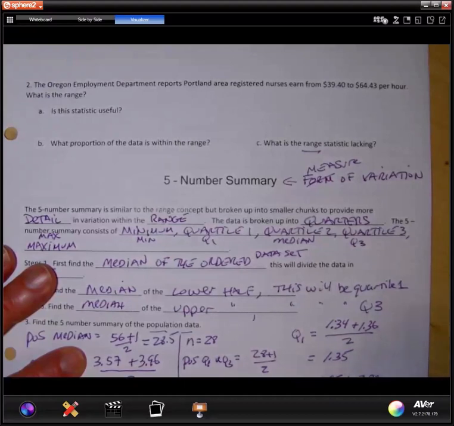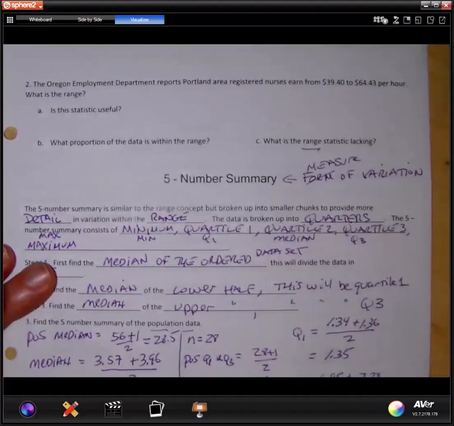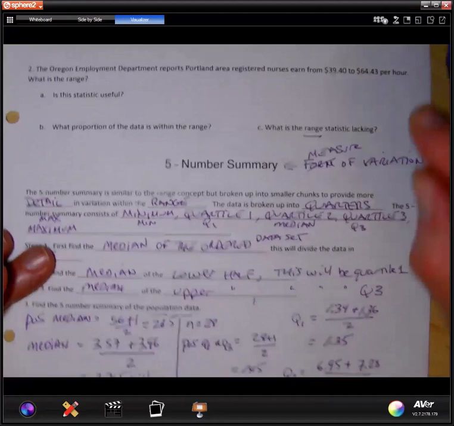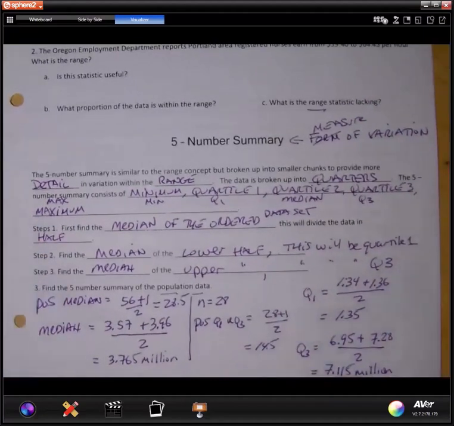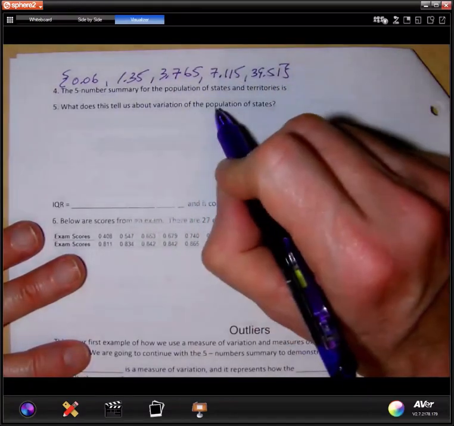Divide those by 2. And what do I get? 7.115 million. So I have found quartile 1, the median, quartile 3, the minimum and the maximum are pretty self-explanatory. So I'm going to turn the page and copy all these values in the other page. So I've copied my numbers over, and now we're ready to interpret this.